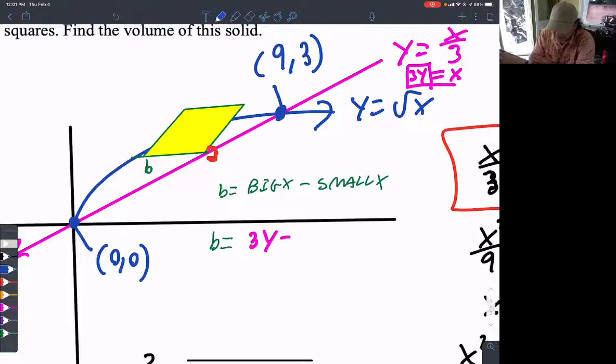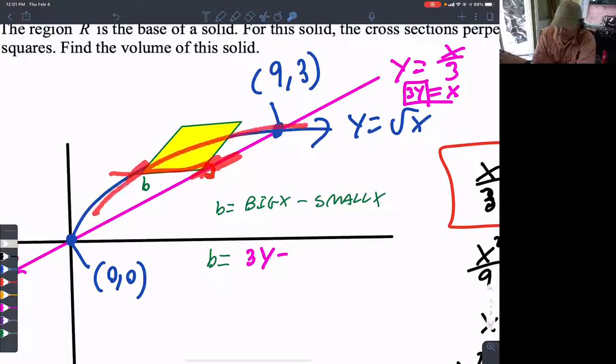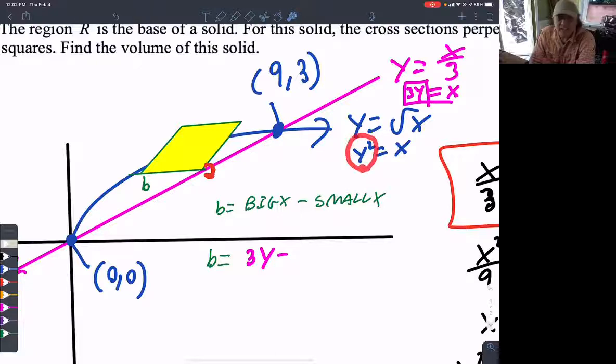Minus small x. Well, on the number line, right's bigger, left's smaller. So my small x is this blue line. And what is x on the blue line? Y is radical x. I need to solve for x. I'm going to square both sides. So y squared is x. So now I know small x is y squared.